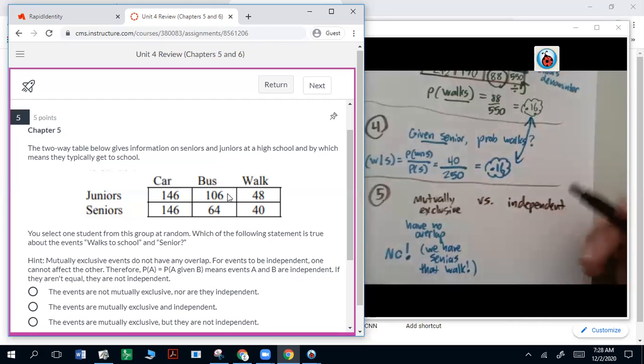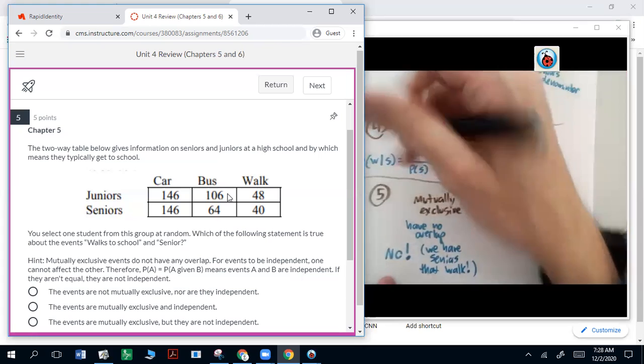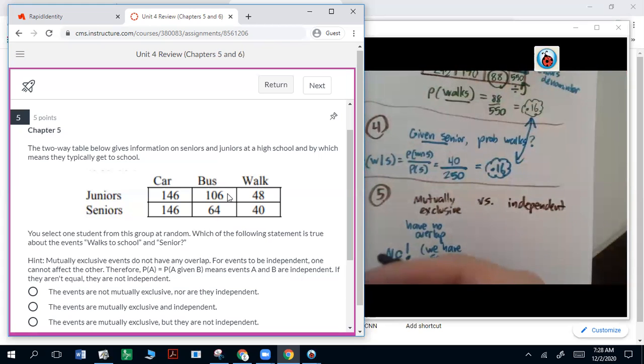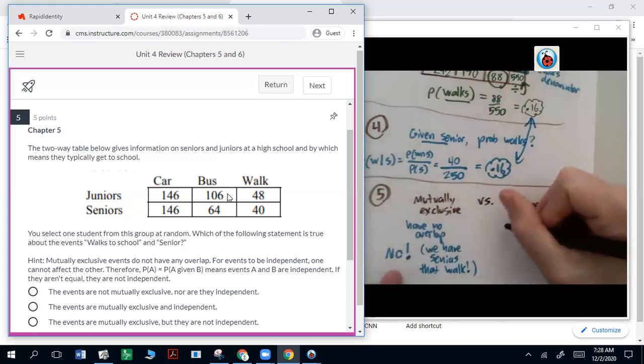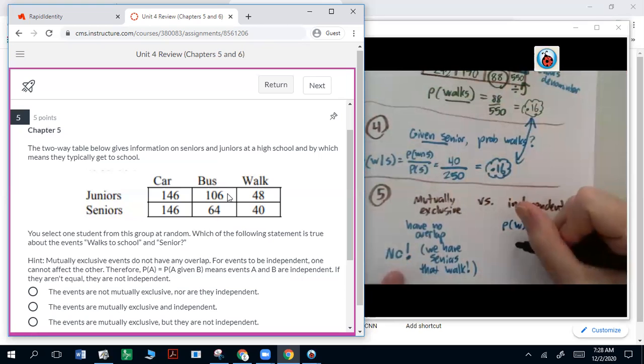So with independence, the probability of one happening would have to be the same as the probability of that happening given something else is affecting it. Does that make sense? So since the probability of walk is equal to the probability of walk given seniors, when they're equal, they're independent.